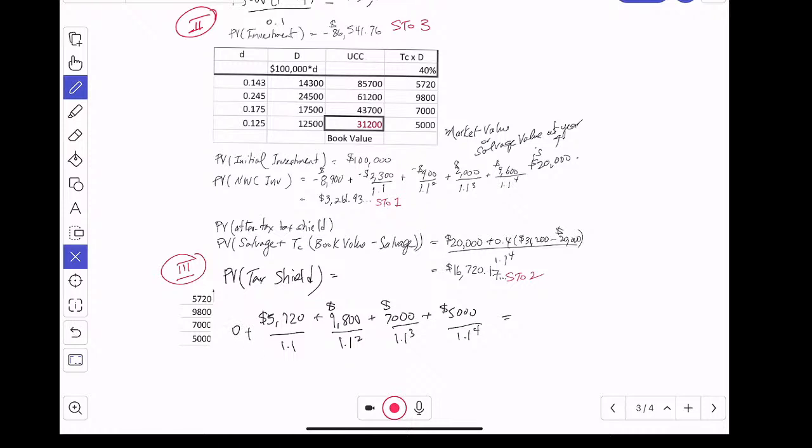Don't forget the first one is 0, right? Because there's no tax shield at time now. It begins at the end of the first year. So when you put those together, you get 21,973.44, and some decimals, I imagine. And you can put those in store 3.